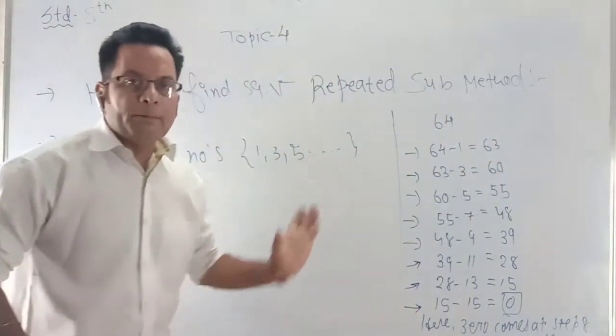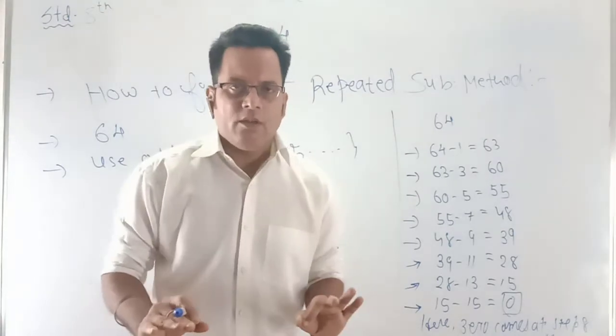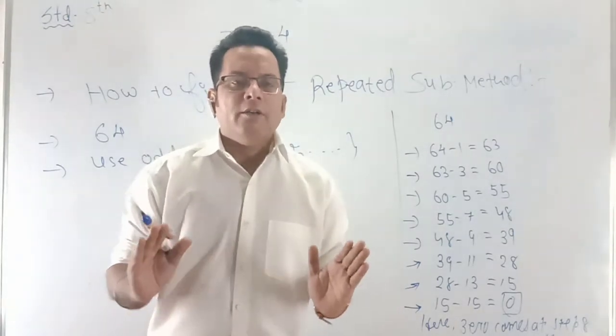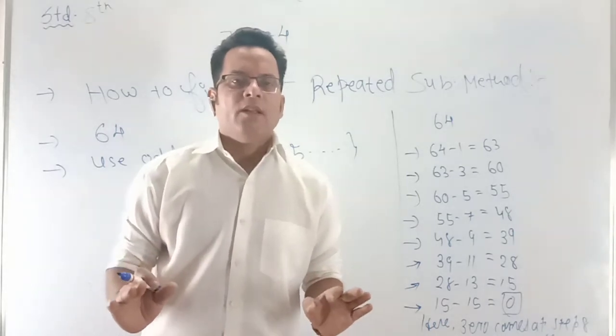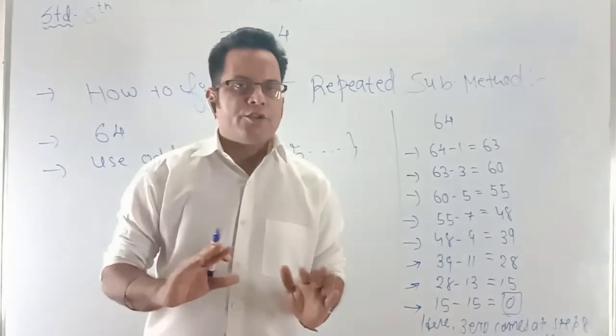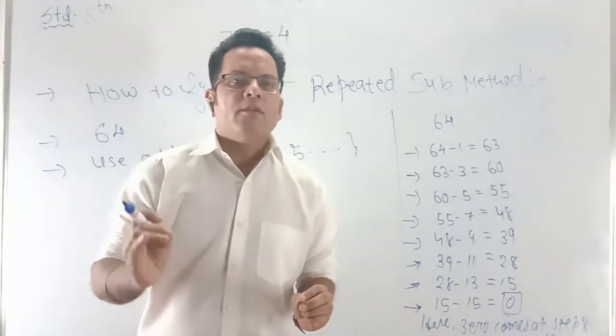So this is called the repeated subtraction method, in which you have to subtract repeatedly with the help of odd numbers. Okay, this method will be so useful to you, but you have to be careful while subtracting. You should not be wrong. So calmly you have to subtract odd numbers one by one.